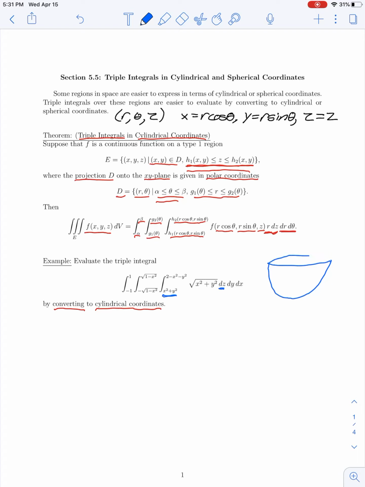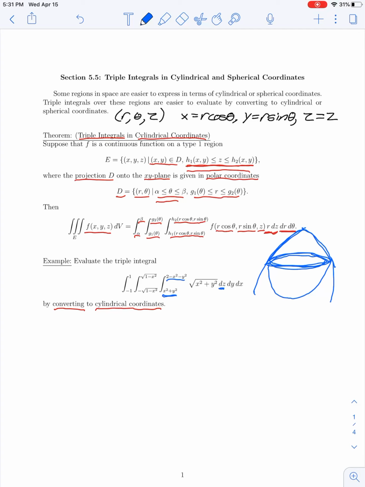The cross sections are circles. And our upper bound is 2 minus x squared minus y squared, which is a circular paraboloid opening downward. It has its vertex at (0, 0, 2). So we see that these two paraboloids are going to intersect each other in a circle.